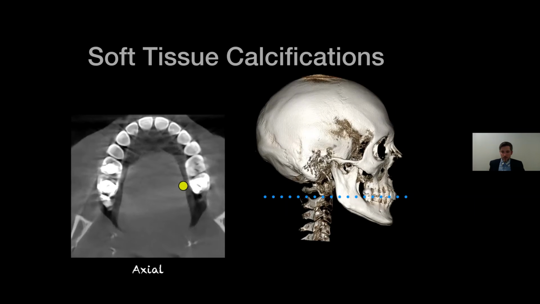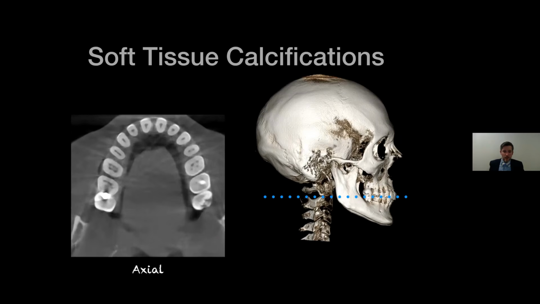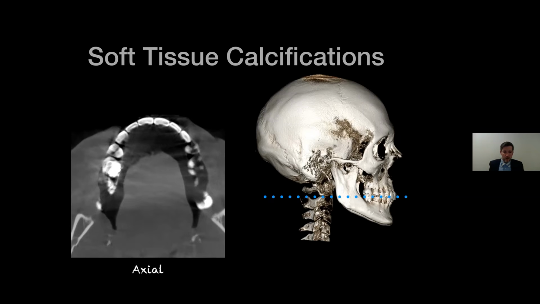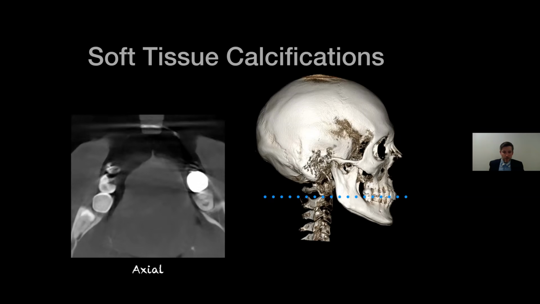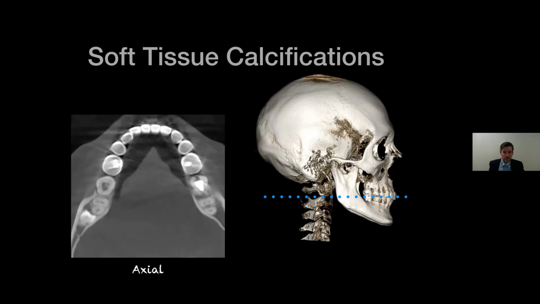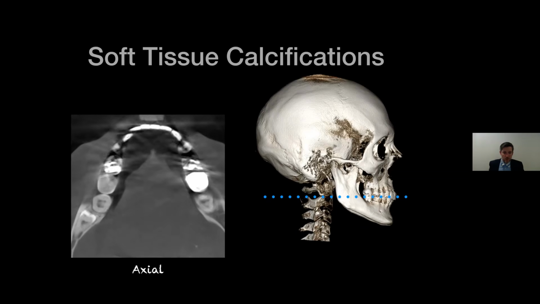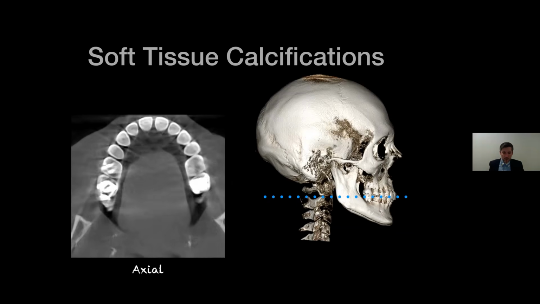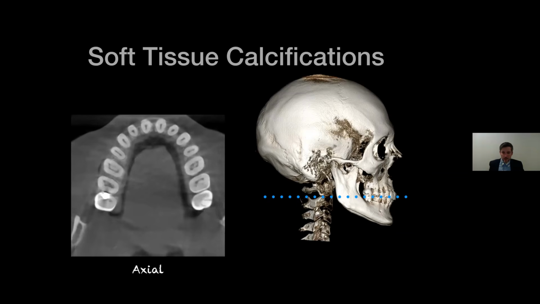If we pretend this slice is this line right here, we can see these multiple round calcifications on either side of the airway at the level of occlusion. Bilateral, okay, and we're in soft tissue, actually at the area of the palatine tonsils, right?